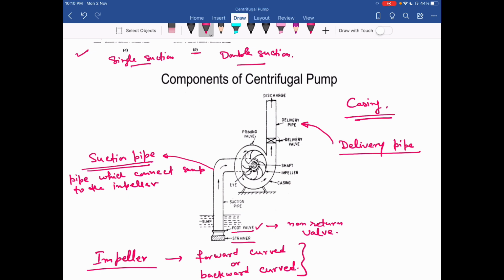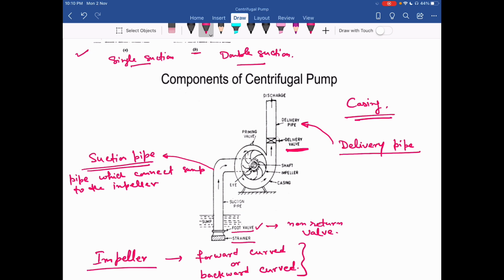To control the discharge through this delivery pipe, we can use a delivery valve over there.